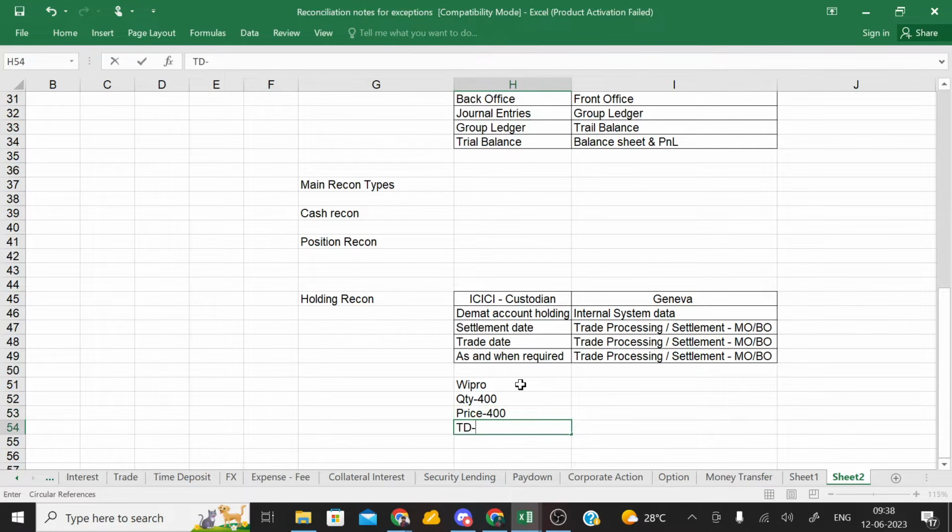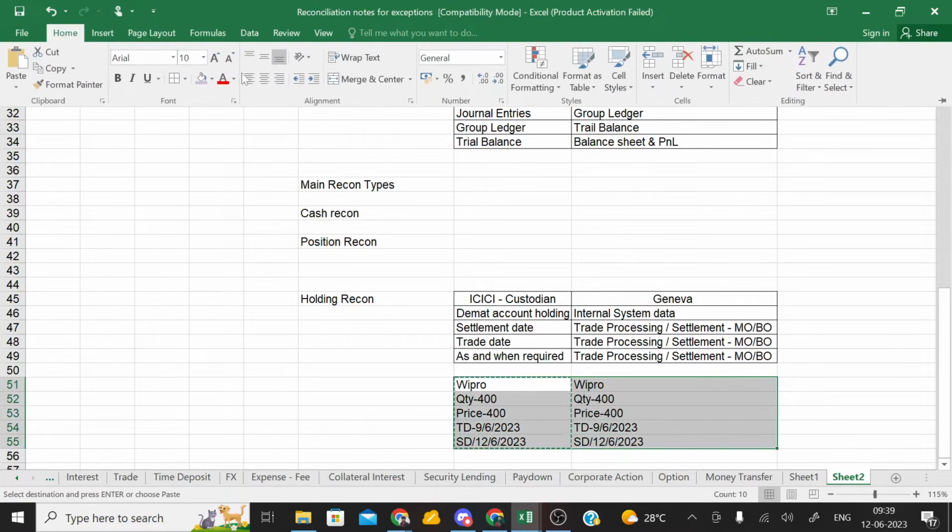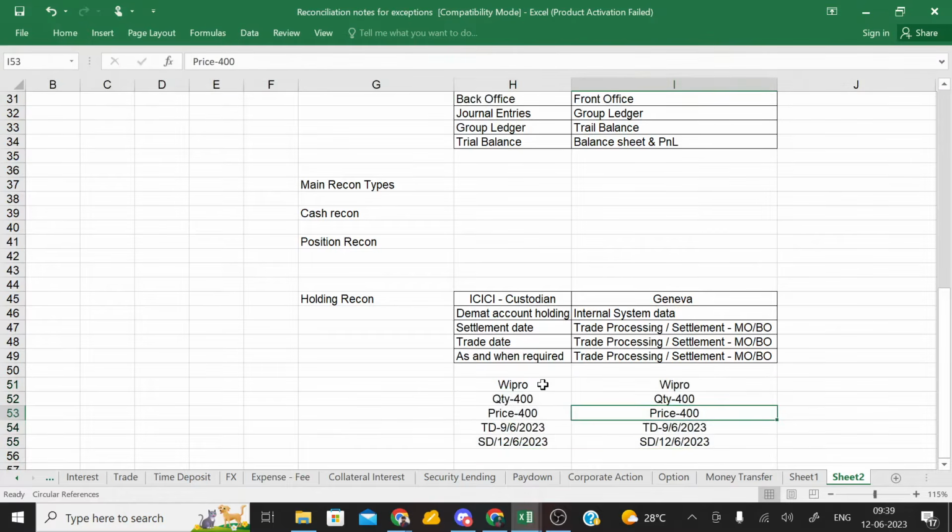Trade date 9/6, settlement date. So let's say this is your data. Exactly the same, your trade processing teams record the same details in your system. So that should tie. The name is matching, quantity and price are also matching, trade date and settlement date are also matching. So line by line item, it should match.